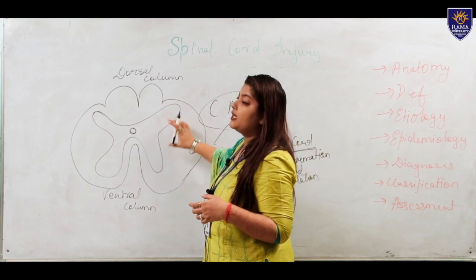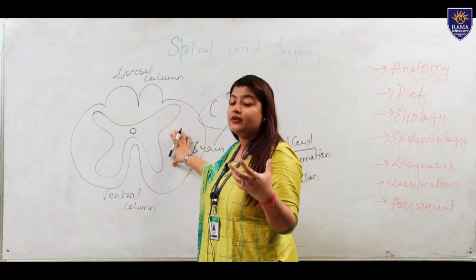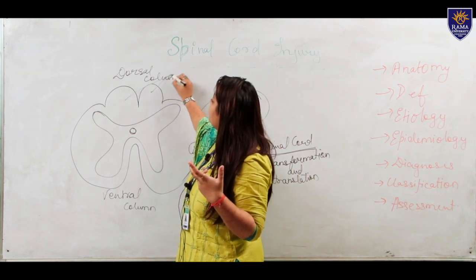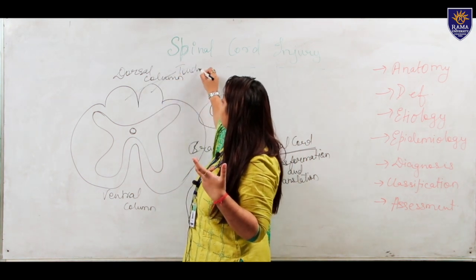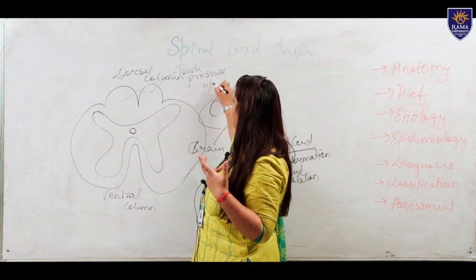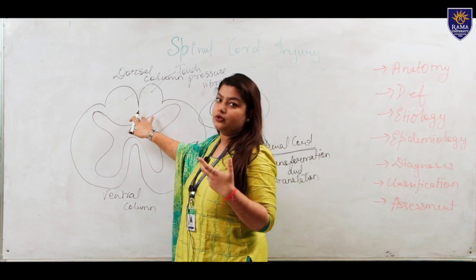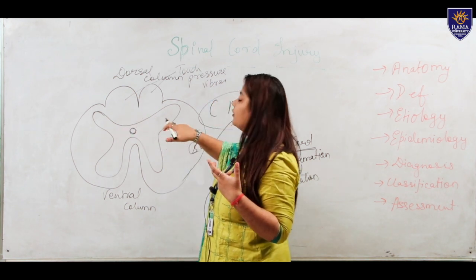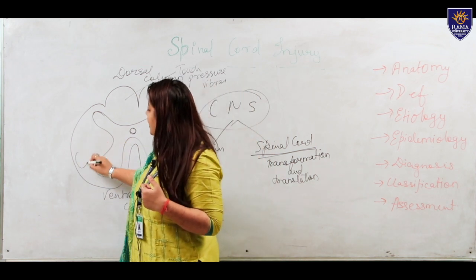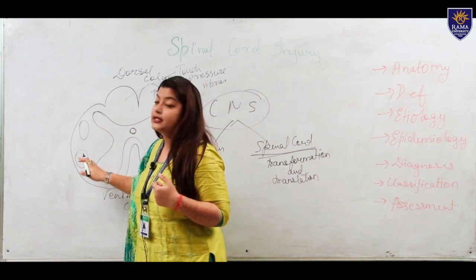Now, these dorsal and ventral horns are very specific when it comes to their functions. Basically, the functions of touch, pressure and vibration are governed through the dorsal column of the spinal cord. And there are two structures present at this end.